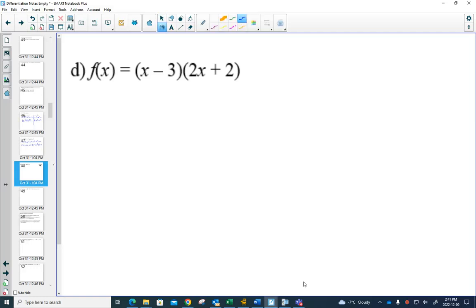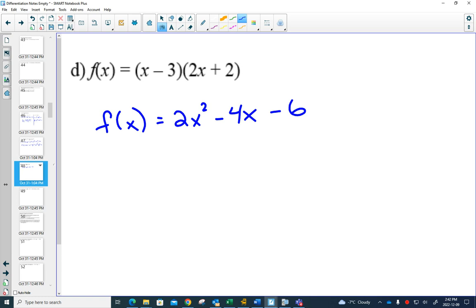Sometimes we have to be even more creative. Can you see that this one is not in a form that we can use? So if it's not in a form that you can use, you ask yourself, well, what could I do with this one? Could I play around with it? Well, I could multiply it out. If I multiply this out, I'd get 2x squared minus 6x plus 2x minus 4x minus 6.